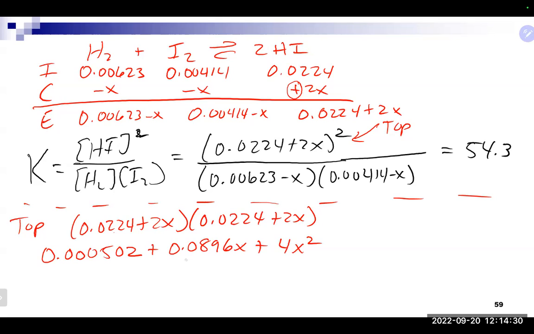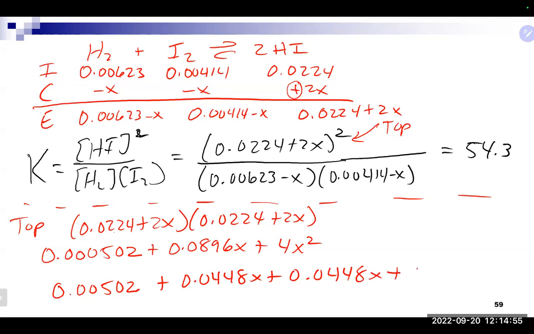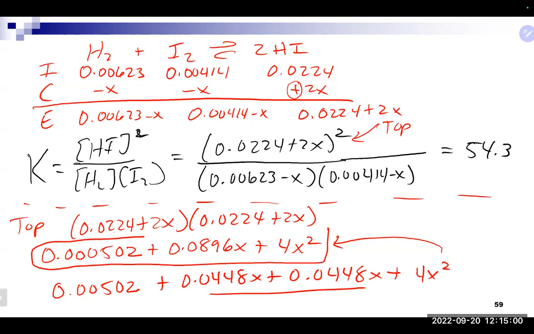And that's 0.0224 times 2 twice. So before you put it together, you end up with 0.000502 plus 0.0448x plus 0.0448x plus 4x squared. Combining these two gets us that for the top. Any questions on that there?